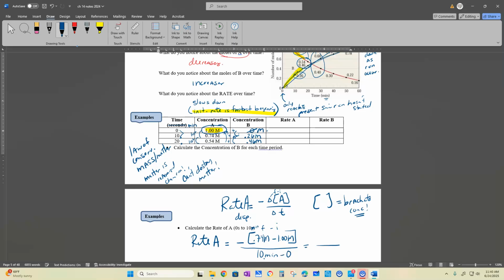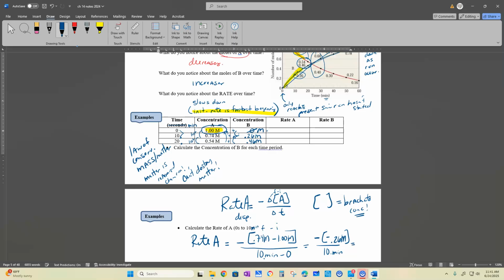Well, I don't think we need a calculator for the denominator, so that's going to be 10 minutes. But now that's 0.74 minus 1.00. And I'm going to get that negative still in front. But notice this is a small number minus a big number. I'm going to get now negative 0.26 molarity.